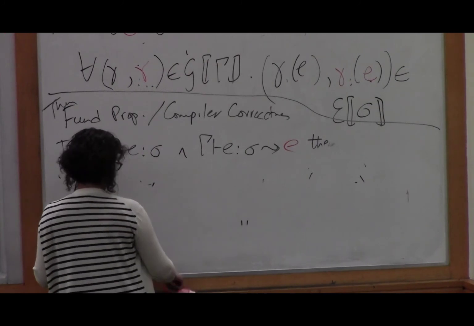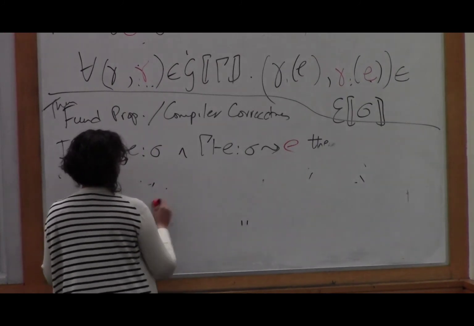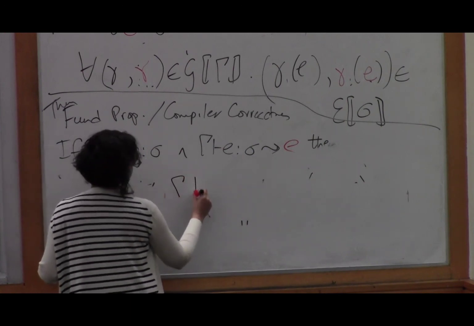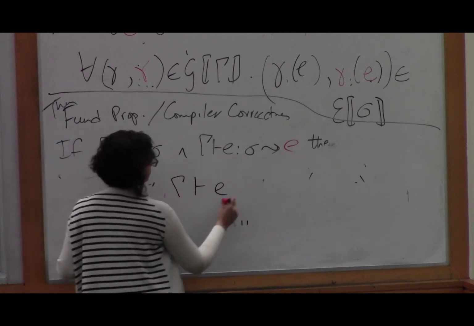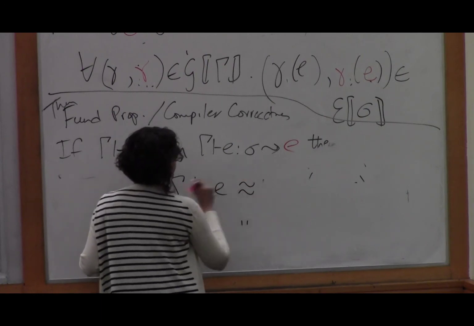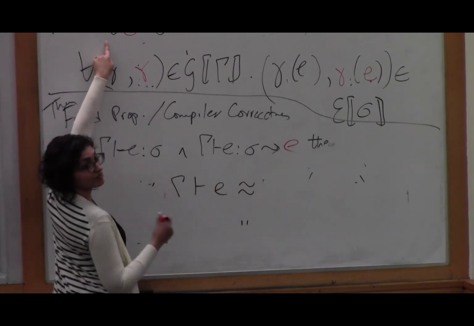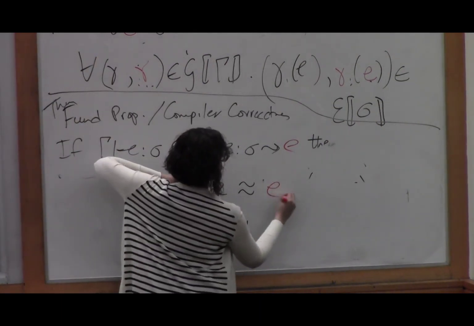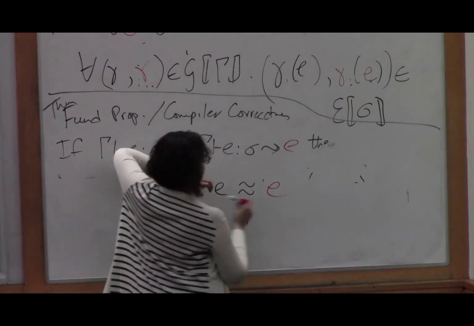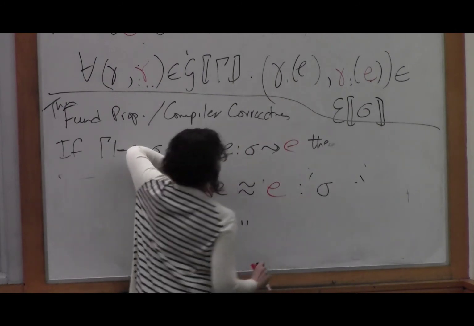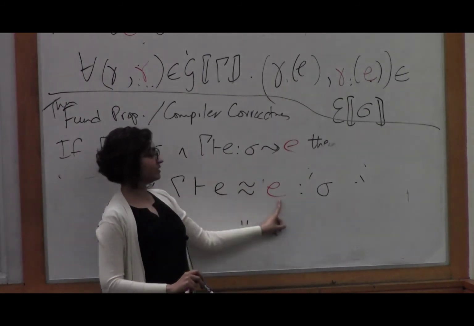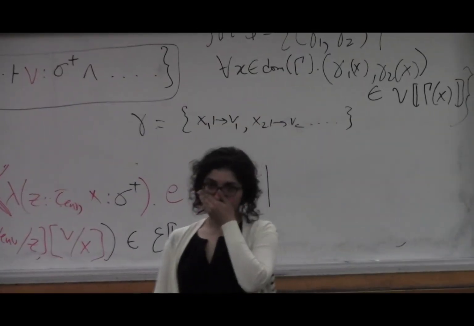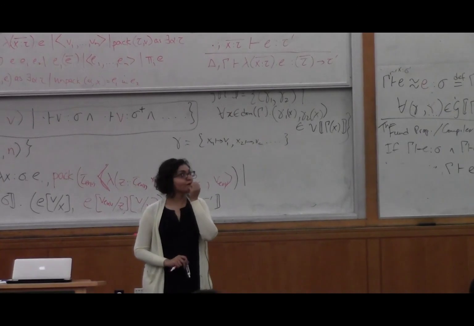What I'm after is the source E is logically related and therefore equivalent, because I specified this carefully, to the code that I produced. And here I will put the type sigma, but the assumption is that this has type sigma and this has type translation of sigma. Okay.